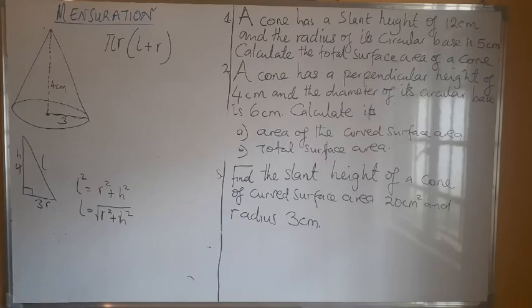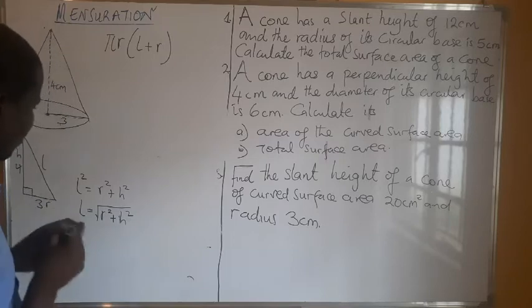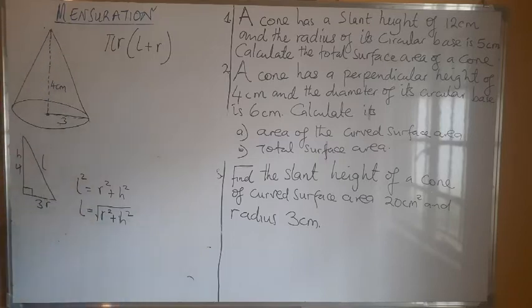And I want you to get to know that if you are given this, there are times, I must make mention here, when you are given the perpendicular height as well as the slant height, but the radius is not given.